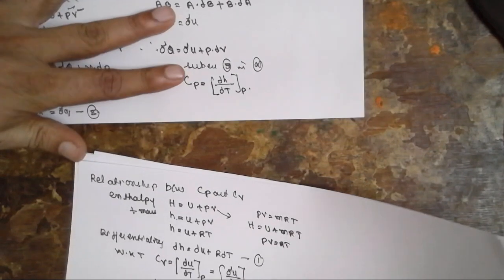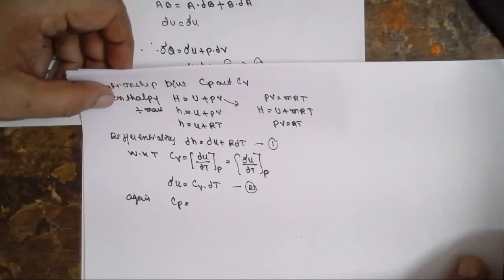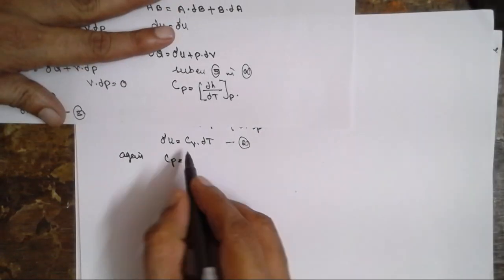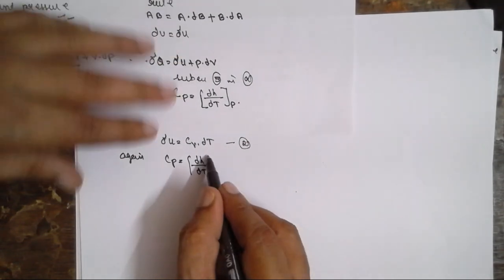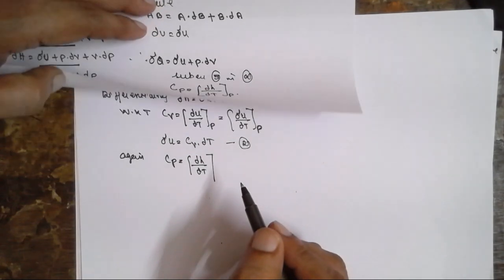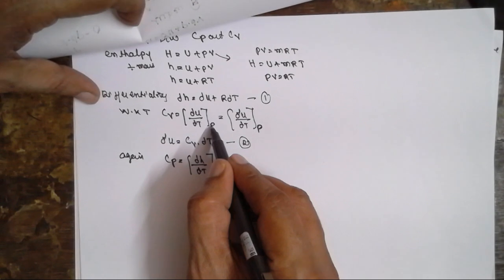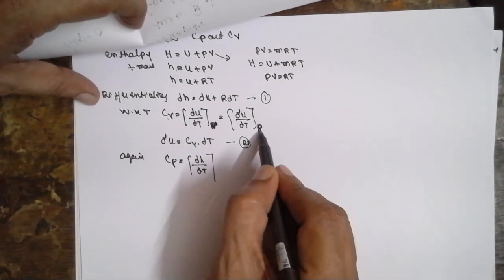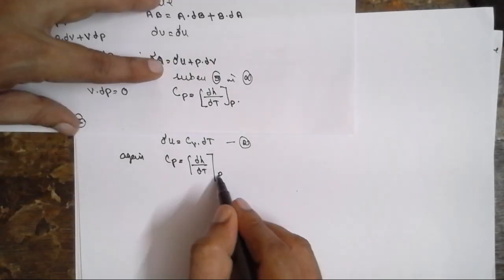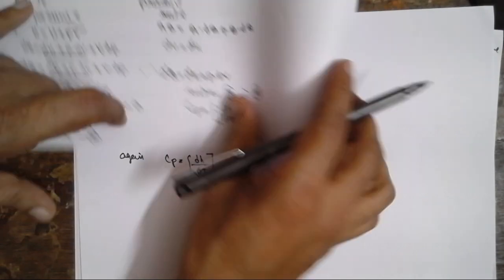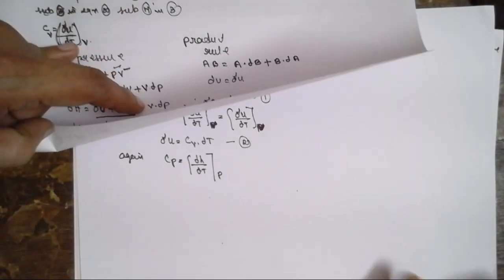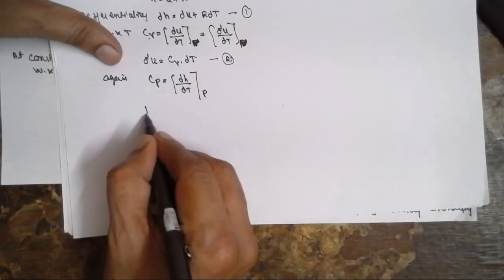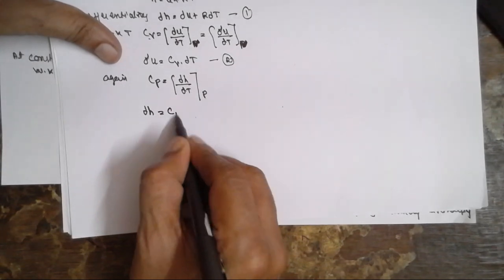This is the Cp value, dH divided by dT at constant pressure. It can be written as dH is equal to Cp into dT. Equation 3.